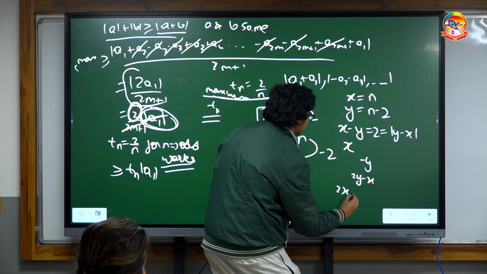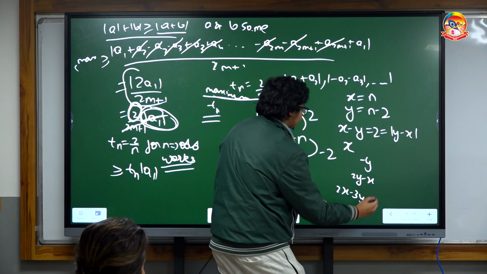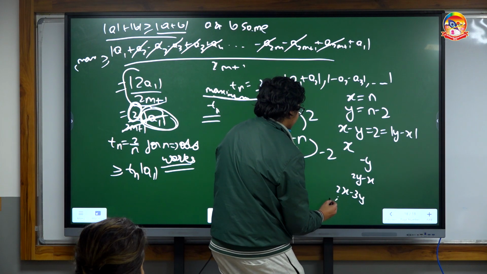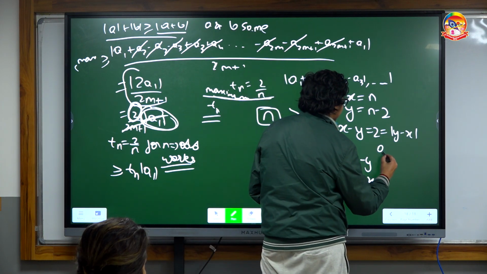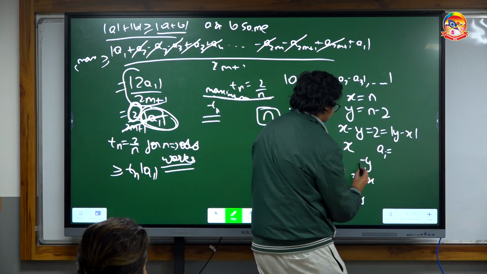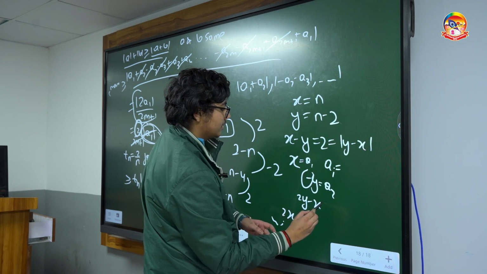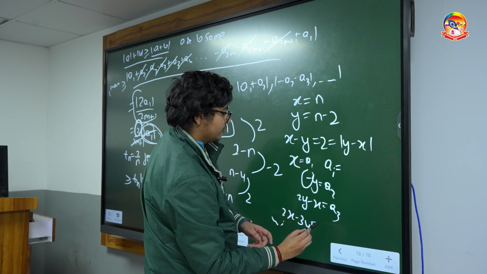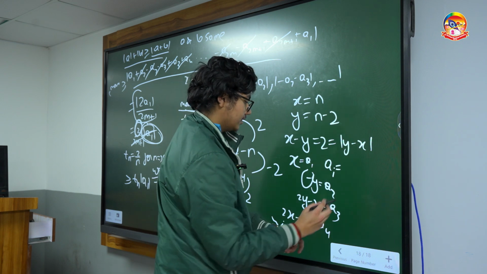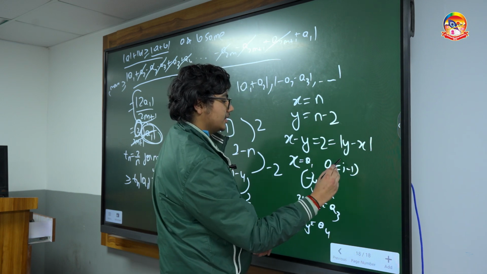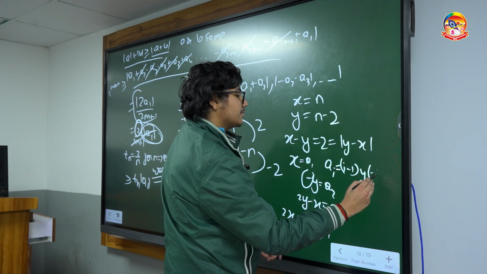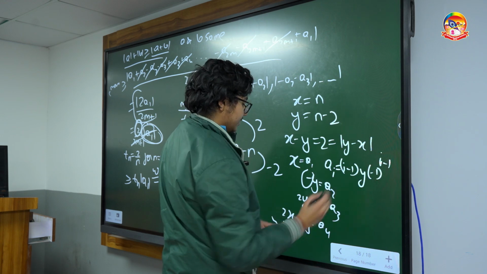Then the next term is 2x minus 3y, such that it is x minus y. So here we see a pattern, taking ai, this is a1, a2, a3, a4. Taking ai is equal to (i minus 1) times y times minus 1 to the power i minus 1.